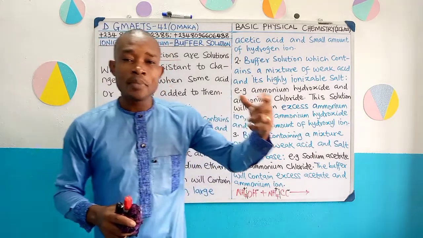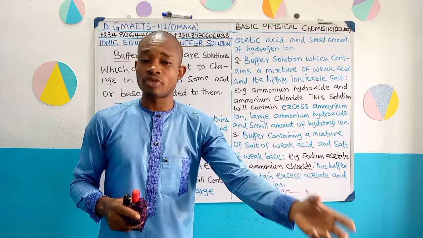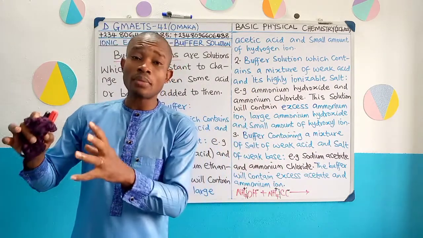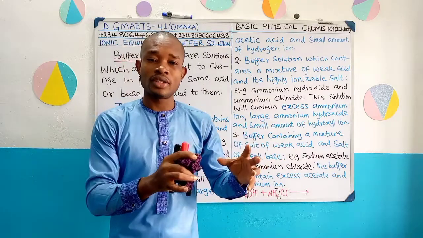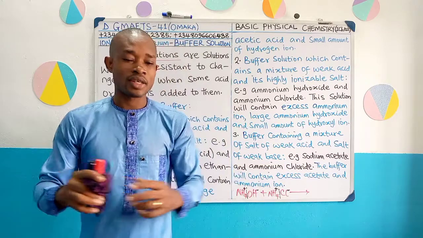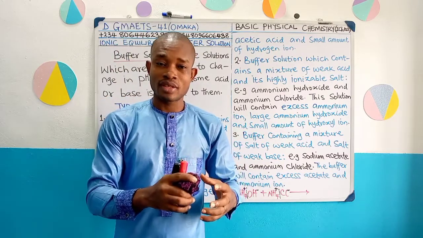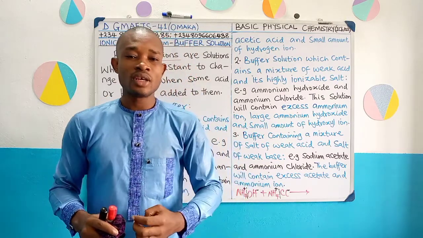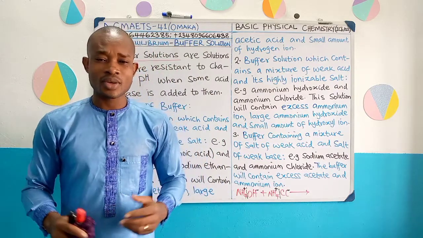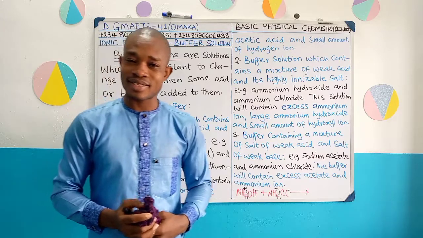Then we have something like ammonium chloride, which is a salt formed from a weak base, say ammonium hydroxide. A mixture of sodium acetate and ammonium chloride, which is a mixture of salt of weak acid and salt of weak base, forms type 3 of buffer solution. And now we're going to do the analysis to see what the solution will contain in excess.